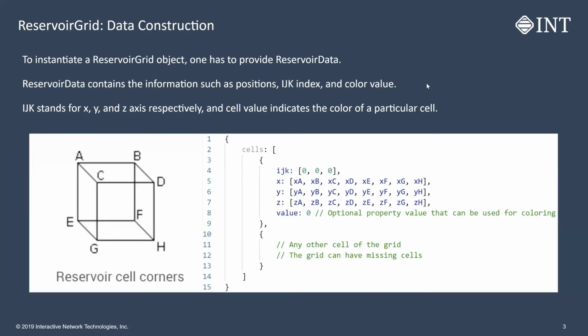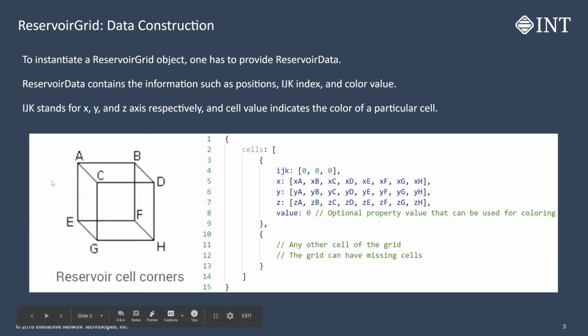First, data construction. So data is the most important part in 3D because we need to load the data to GPU, and so GPU can do some calculations and rendering. So on the left-hand side, you can see a cell. It has 8 vertices.